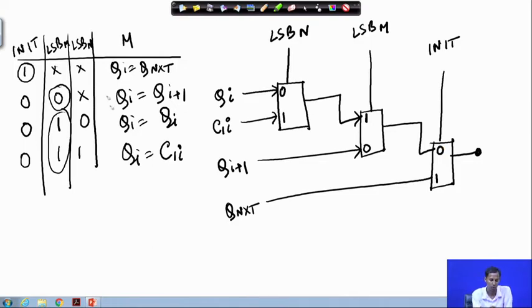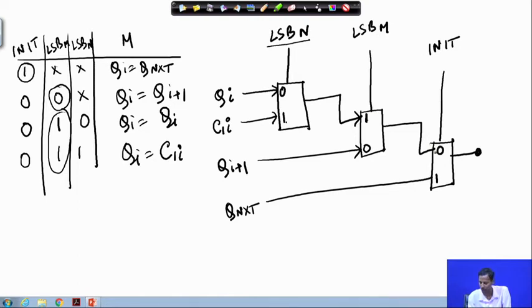So, here you see how we are implementing this particular table using this particular circuit. So, you see whenever LSB n equals to 0 or 1 and LSB m equals to 1.